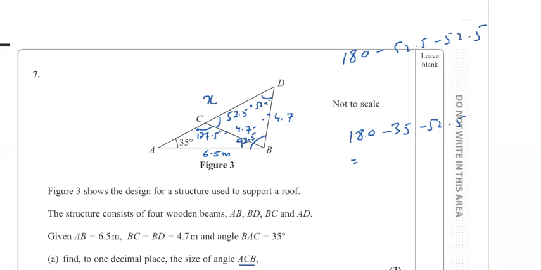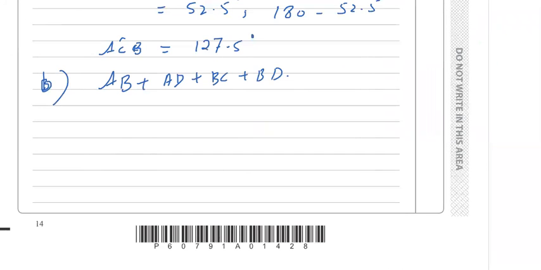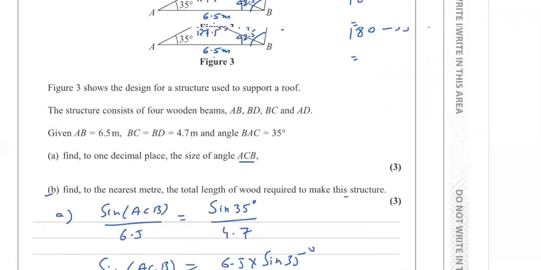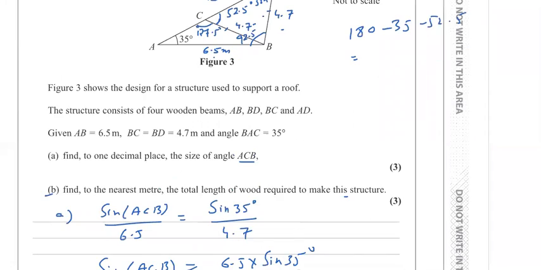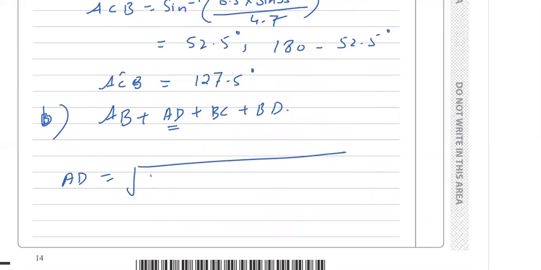Using the cosine rule, as I have these two sides, x, which is AD, will be equal to the square root of 6.5 squared plus 4.7 squared minus 2 times 6.5 times 4.7 times cosine of the angle opposite to this side, which is 92.5.